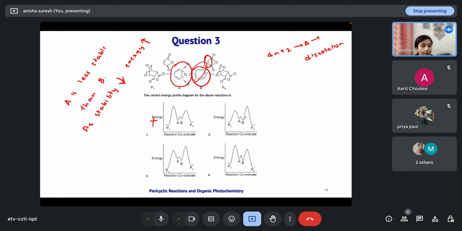So here, this is the activation energy. This is more compared to that of this, right? Activation energy for the conversion of B to PB is more compared to that of conversion of A to PA. In other cases, this is less if we are considering.